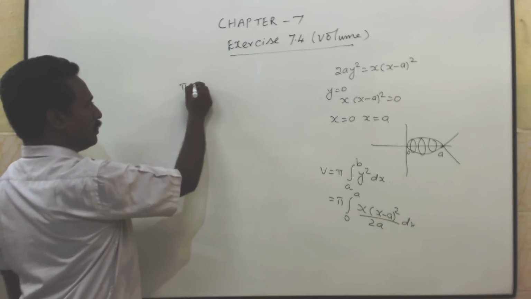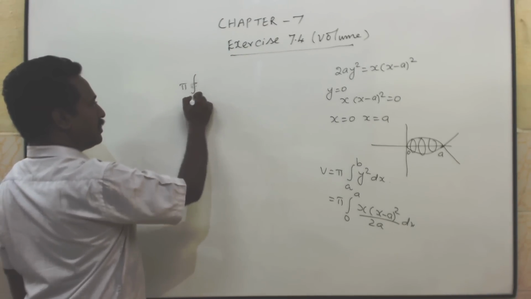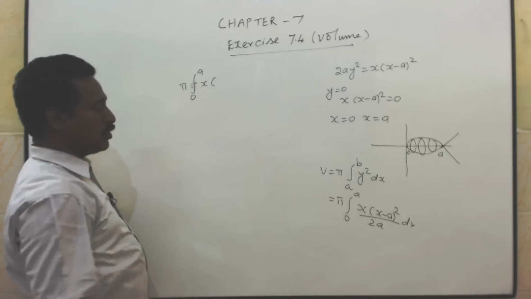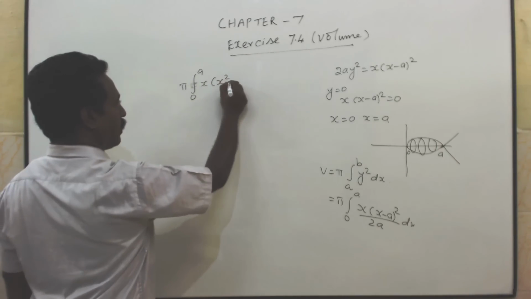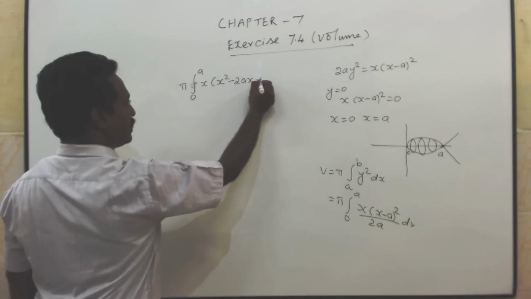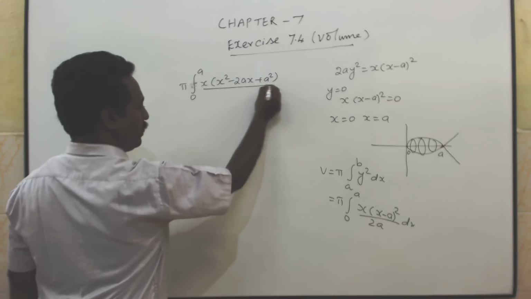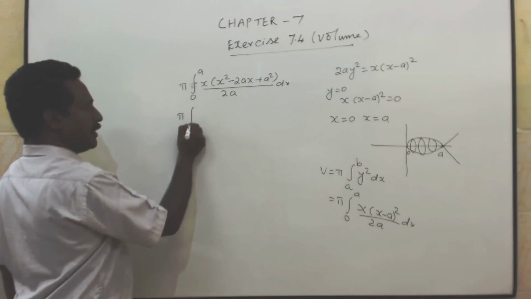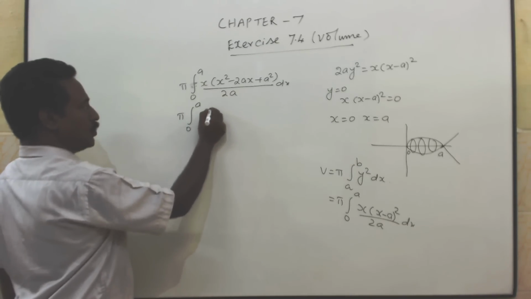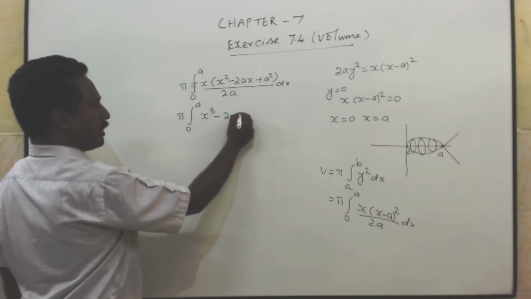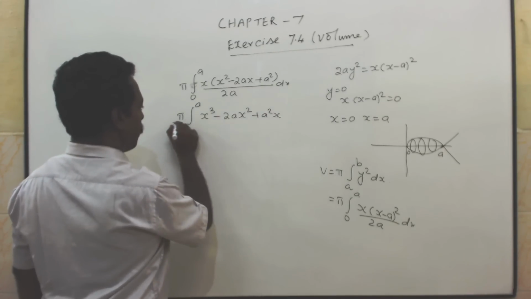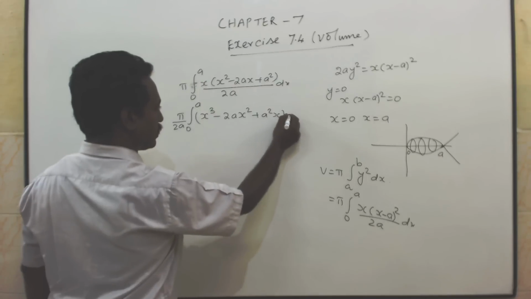Pi, limit 0 to a, x minus a whole square formula: x square minus 2ax plus a square, divided by 2a into dx. Pi integral 0 to a of x cube minus 2a x square plus a square x, by 2a into dx.